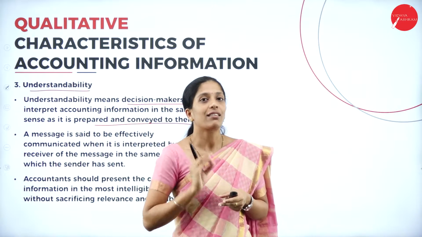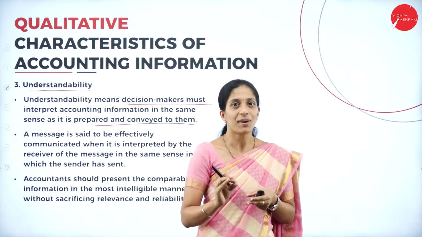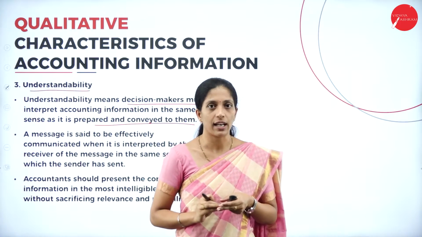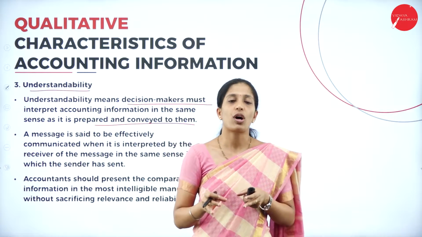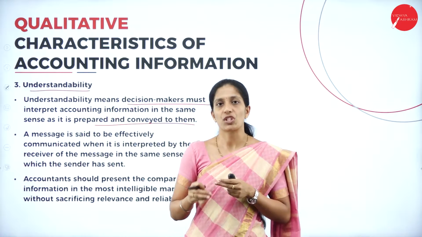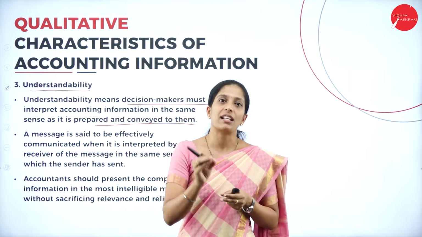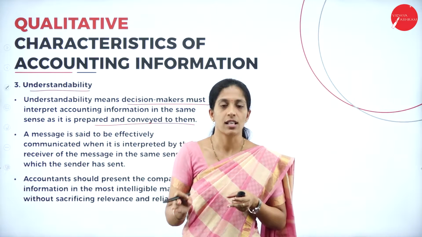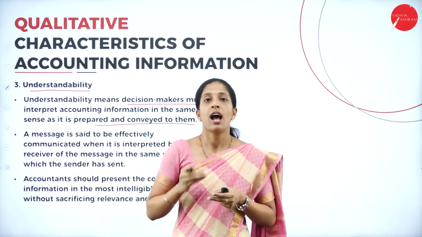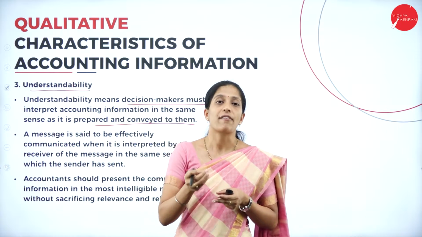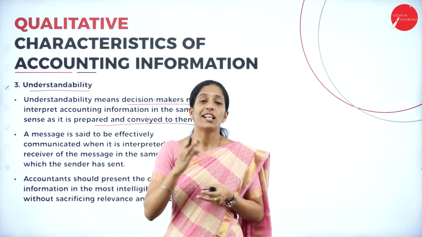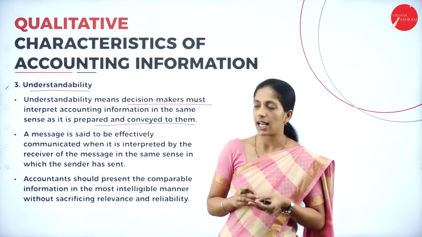Then only can we say that information has been properly communicated. So communication is nothing but what? Whatever information is being conveyed has to be properly accepted by the user in the same sense. As the sender sends, in the same sense the acceptor has to receive the information. Then only does proper communication take place.